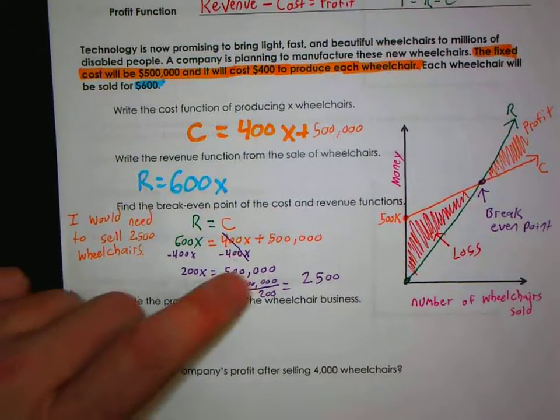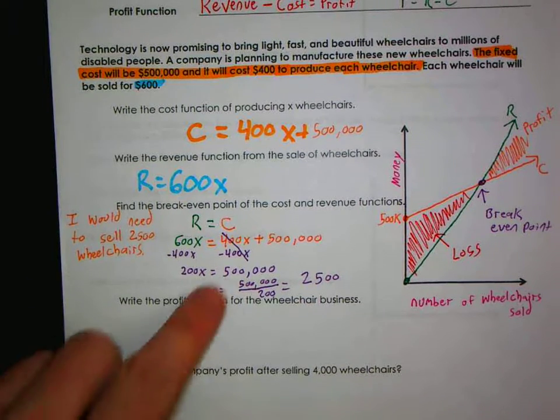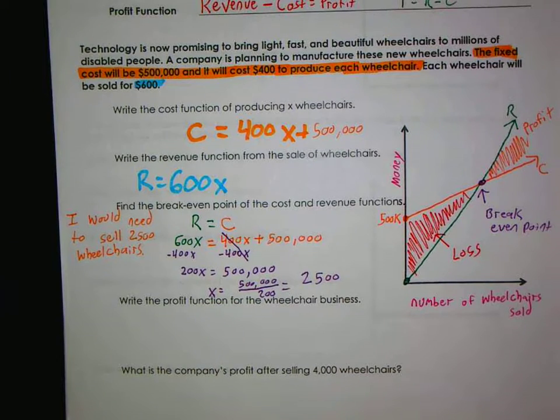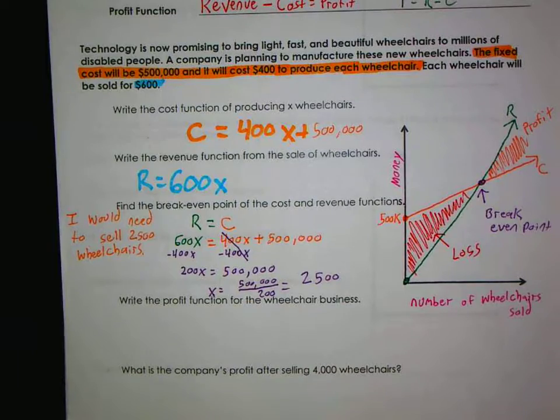Now, all that's going on in this math complication is, think about it, you're selling these wheelchairs for $600 each, but they cost $400 each. So that's your profit, $200 per wheelchair. So then you take 500,000 divided by 200 per wheelchair, and that will tell you how many wheelchairs you need to sell. So all of this algebra, I'm sure people do without actually writing down word for word.